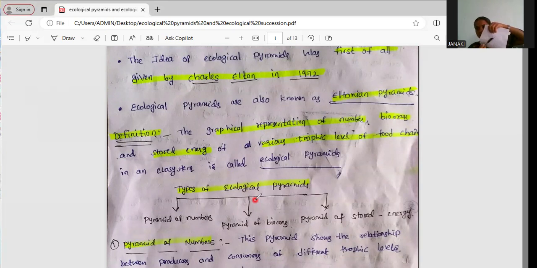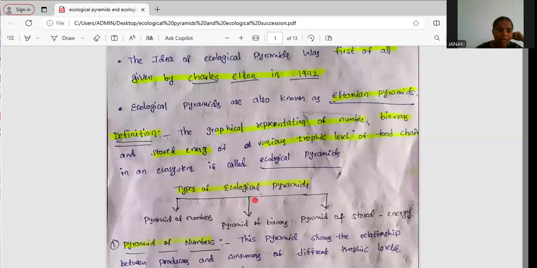Here the producer and consumer levels, the food chain levels, are shown. The concept was derived by British ecologist Charles Elton in 1972.